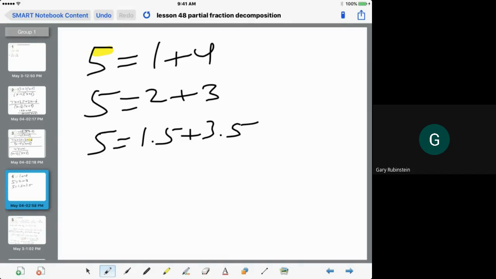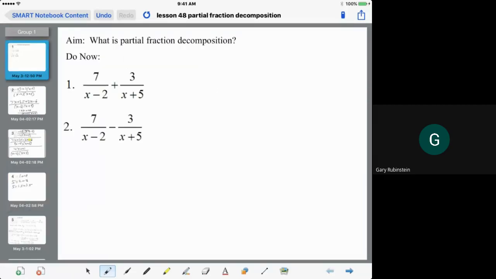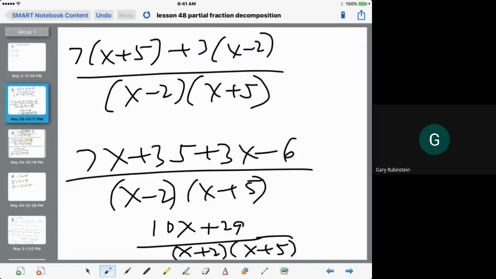Well, depending on what you add together, so for the warm-up question, the things that we added together were 7 over x minus 2 and 3 over x plus 5. And their sum ended up becoming 10x plus 29 over x minus 2, x plus 5.